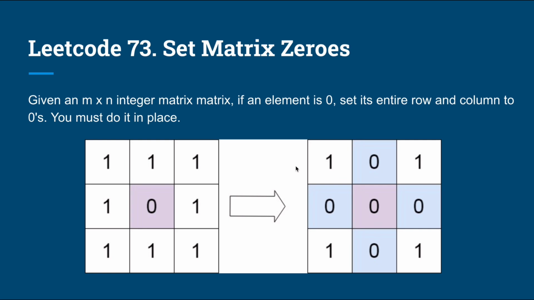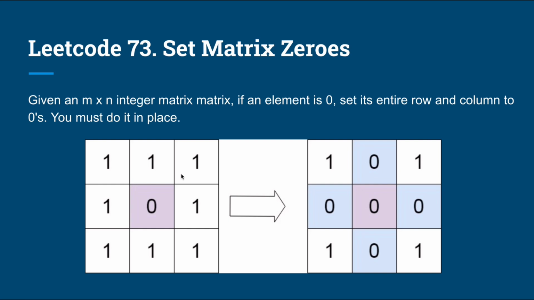Our first basic idea is to use extra space: two arrays to track all the zero rows and zero columns, but that will take O of m plus n space. That is not ideal, but we can optimize it later using the optimal approach.